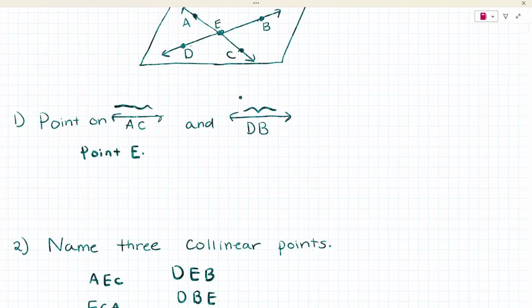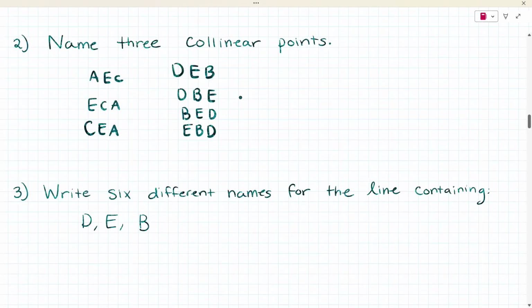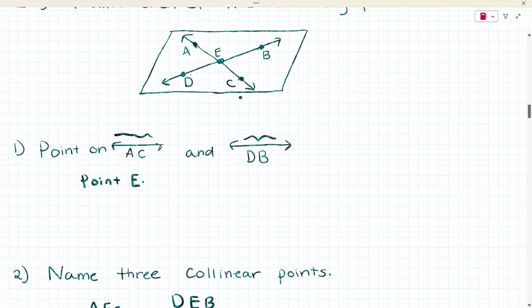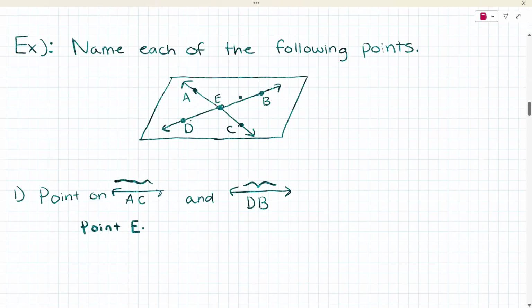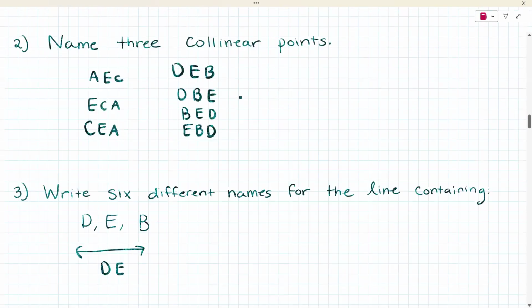So one would be line DE, right? Line DE goes through the points DEB. What else? How about line ED?